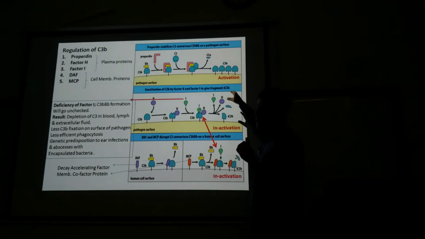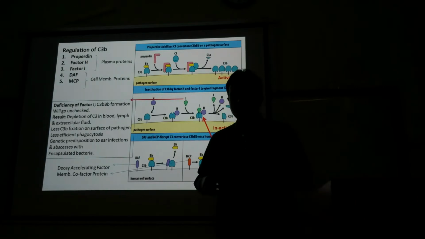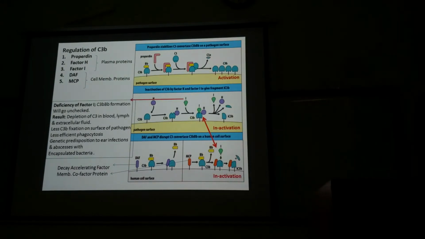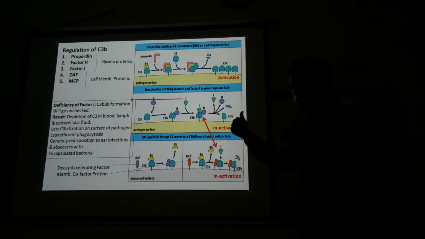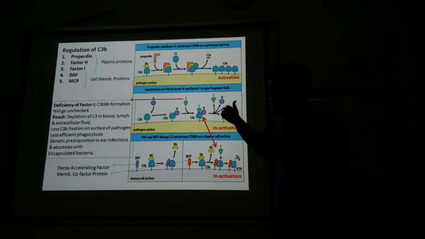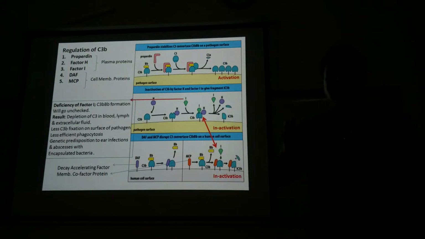But if this process continues, as I told you, all the resources that you have, all these complement factors, can be depleted in the body. So there should be an end point to this process when it is not needed or not necessary to fix more complements on the surface of pathogens, or enough is enough.